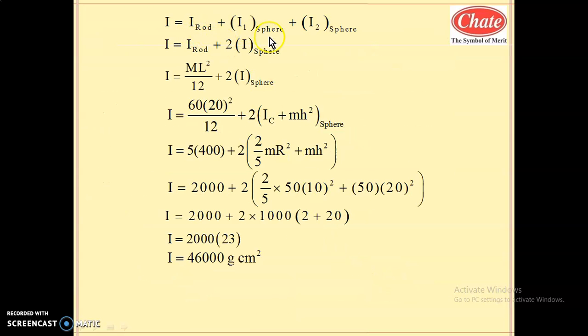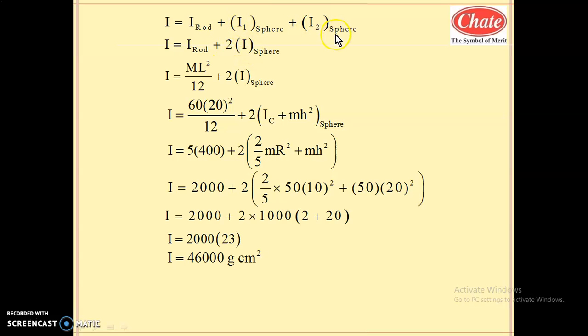Whatever I explained, in the same manner, the total moment of inertia of this system, that is the moment of inertia of the dumbbell, is equal to the moment of inertia of the rod plus the moment of inertia of the first sphere plus the moment of inertia of the second sphere. But both the spheres are identical and both are equidistant from the central axis. Hence, as both moments of inertia are identical, we take the moment of inertia of any one and multiply by 2.